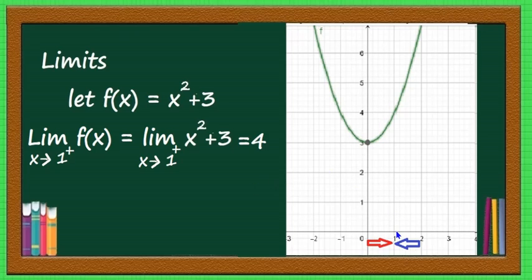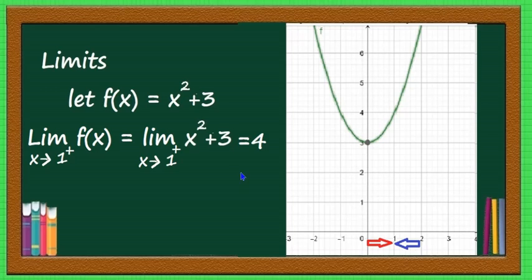Here you can also observe the value of the function. What is f of 1? f of 1 is 1 square plus 3, which is equal to 4. The limit of the function does not mean the value of the function, but sometimes the value of the function and the limit of the function will be the same. In this case, the value of the function at x equal to 1 is also equal to 4, and that is the limit of this function.